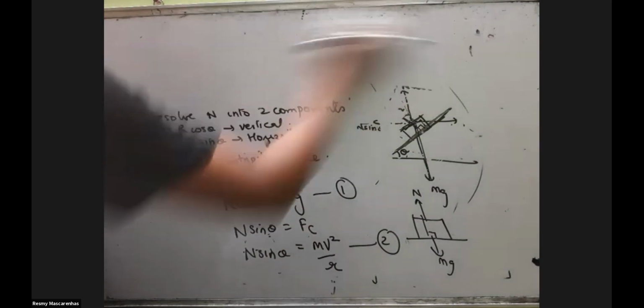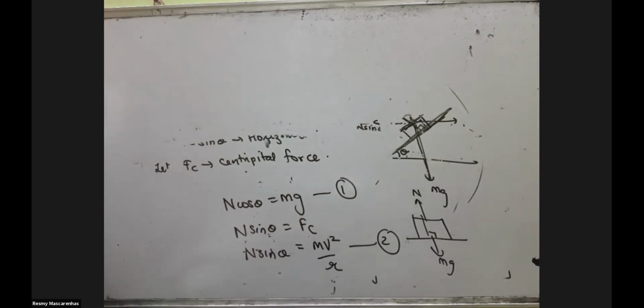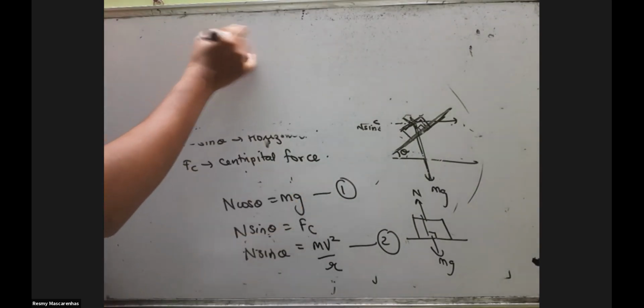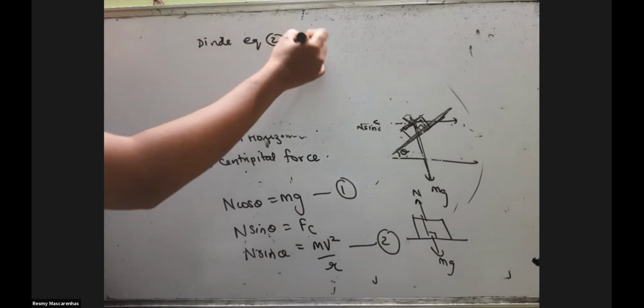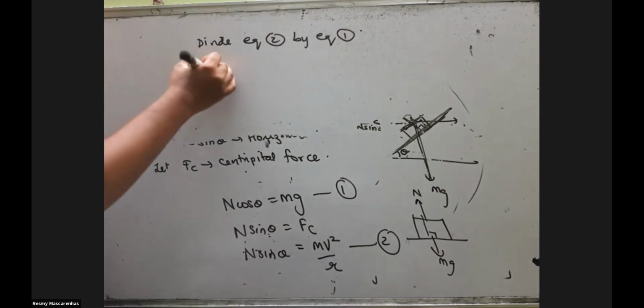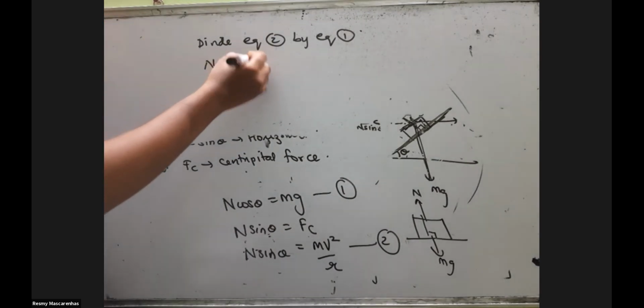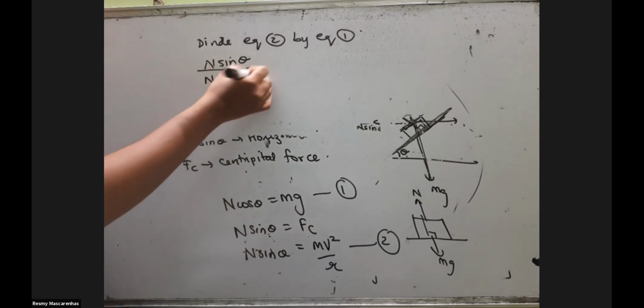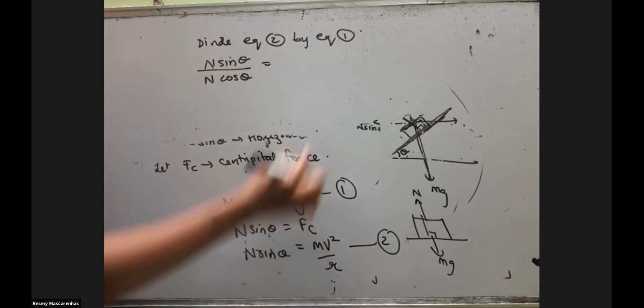Now what we'll do is we'll divide equation 2 by equation 1. Divide equation 2 by equation 1. N sin theta upon N cos theta, this upon this.